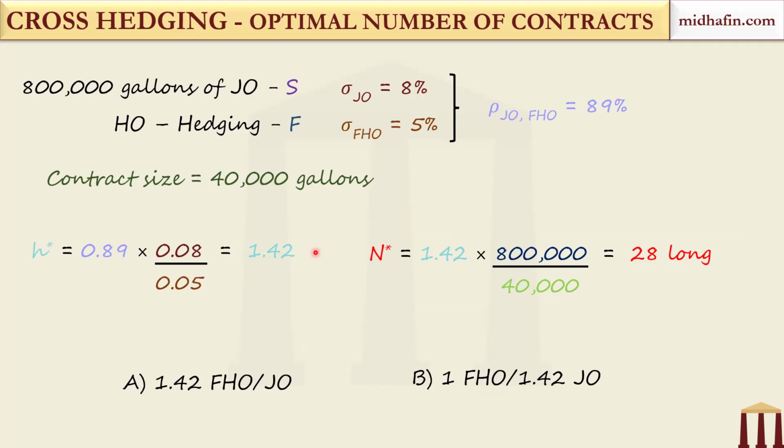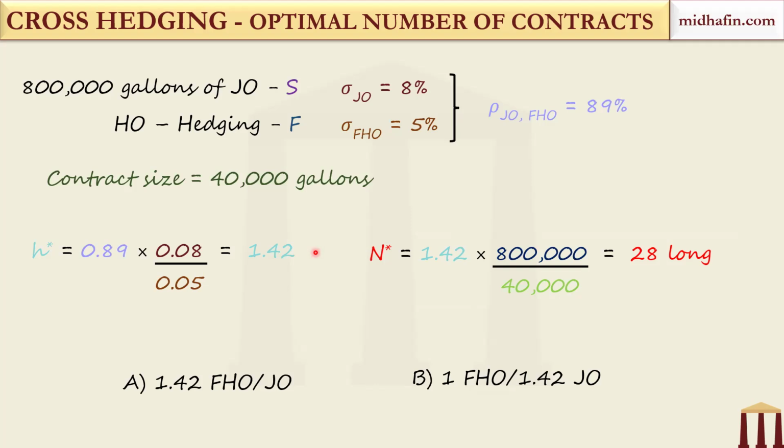What is the meaning of optimal number of contracts? What does it actually mean? Optimal number of contracts means exactly that, those number of contracts which will make sure that if your spot prices are fluctuating, your futures contract value is also changing by exactly that amount which is offsetting your losses from the spot position, or offsetting your gains from the spot position.